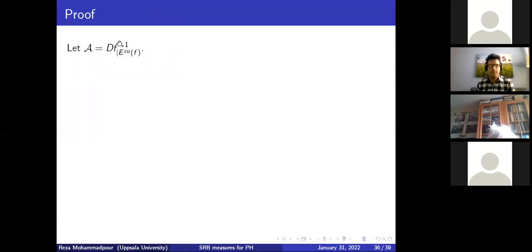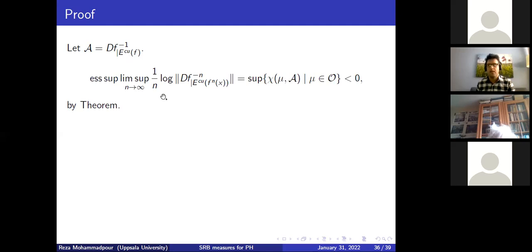Okay, let A be the derivative of the inverse of f restricted to E^cu. Then by my theorem, the essential supremum of the Lyapunov exponent is equal to the supremum of the Lyapunov exponent over the space of observable measures. We assume the essential supremum is negative, which is equivalent to saying that for almost every point the Lyapunov exponent is negative. So this is negative.